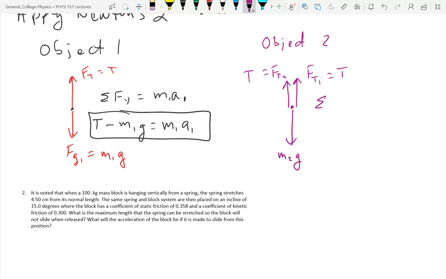So sum of the forces in the y direction is equal to mass 2 times a2, because now I'm looking at object 2, that's why it has the 2's. Looking at my picture, what do I get when I apply Newton's second law? Three forces. So what do I get writing them in?